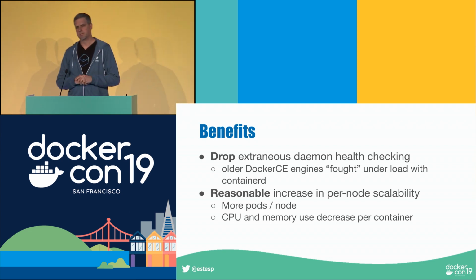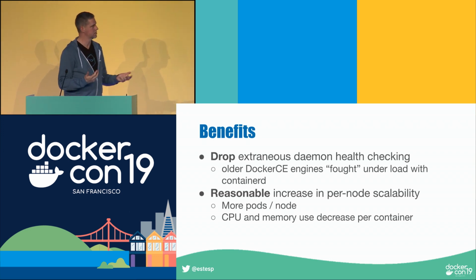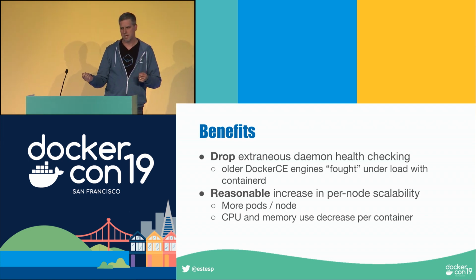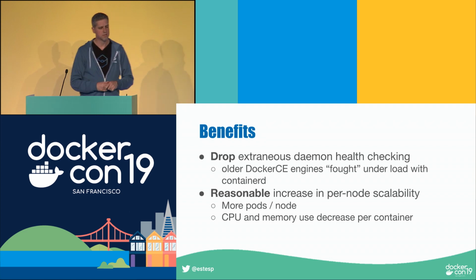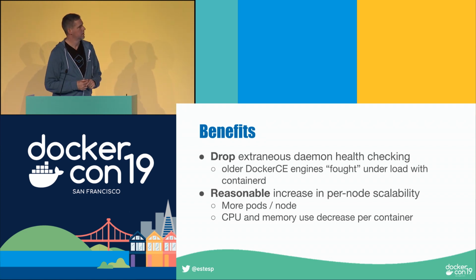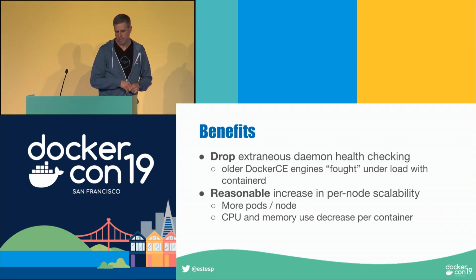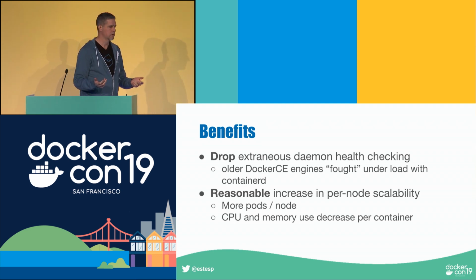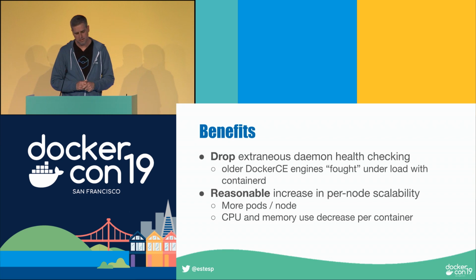In older Docker versions, under significant load, there could be some fighting between Dockerd's view of Containerd's health, killing the process and trying to restart it. And so we had added some operational health checking to try and keep that working in our production clusters. Not having Dockerd and Containerd both there obviously allowed us to simplify that.